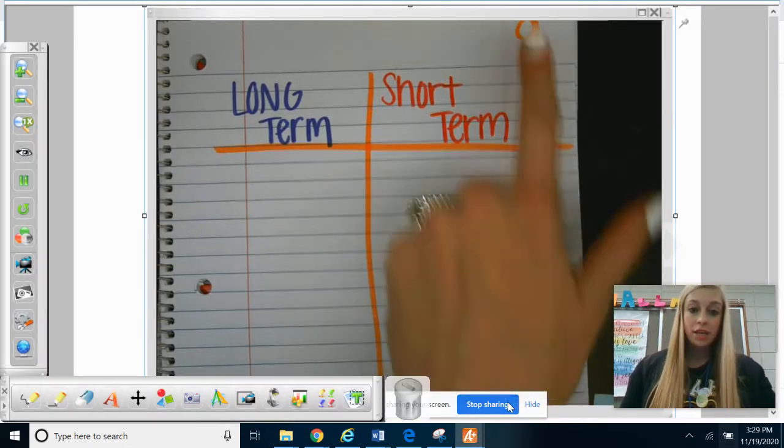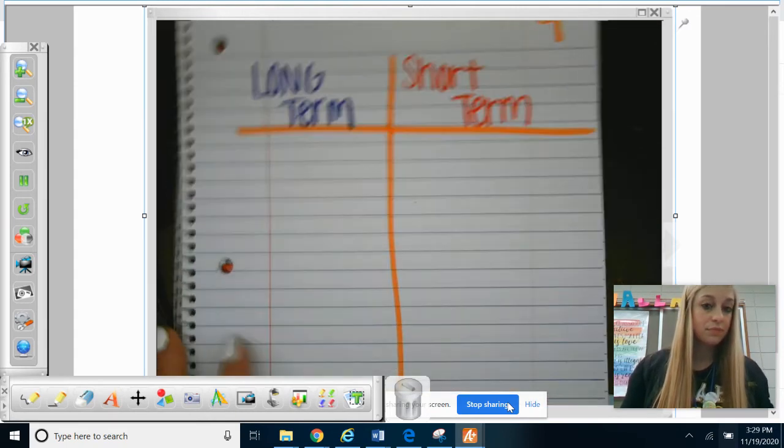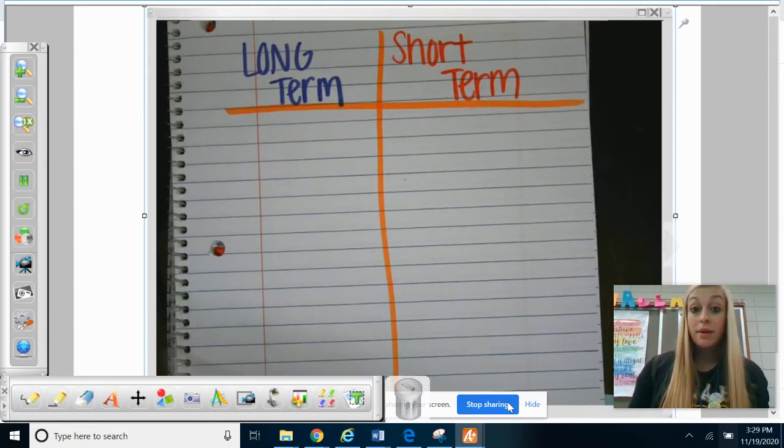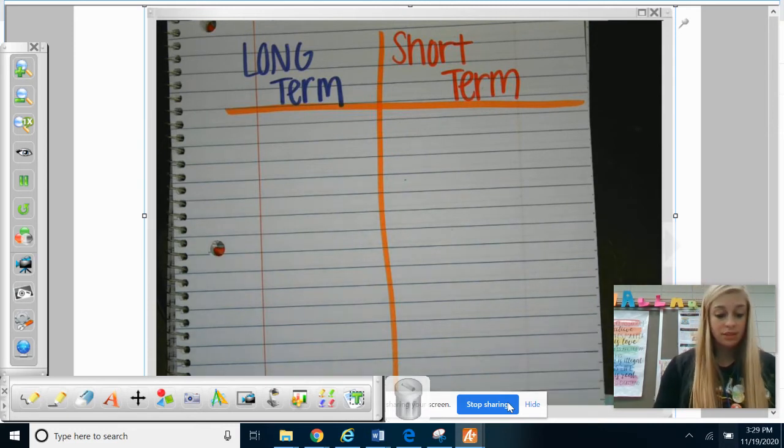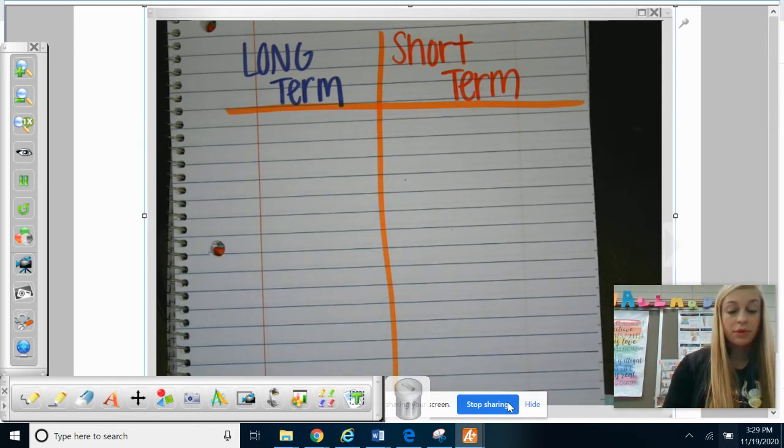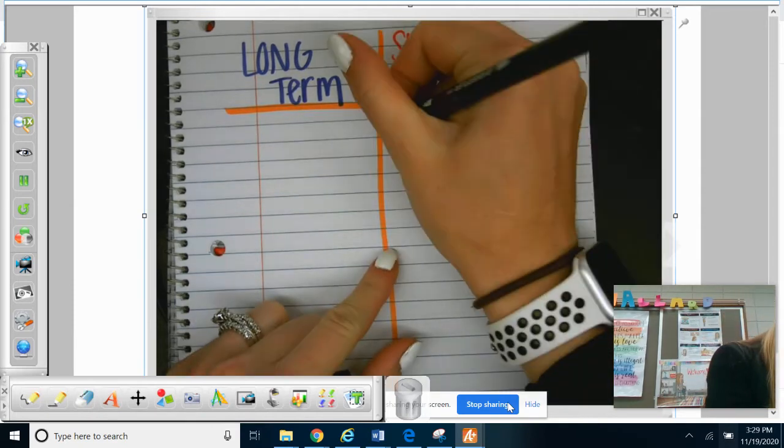So here's my page 9 T-chart. Which one would immediately affect organisms? Of course, that one would be short term.